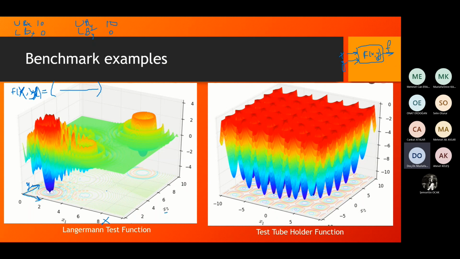Of course, no one will be sure whether there is another point which has a lower value than what you have provided, because usually we don't know the fitness function and we don't know its mathematical formulation, so we cannot get the derivative, and we don't know where the exact minimum point is.